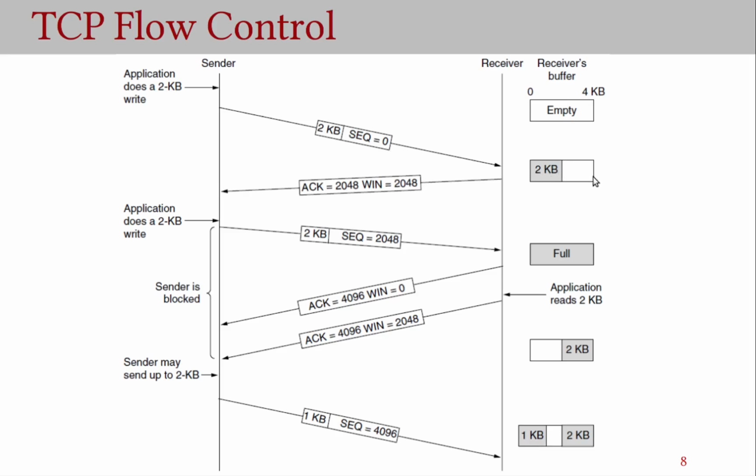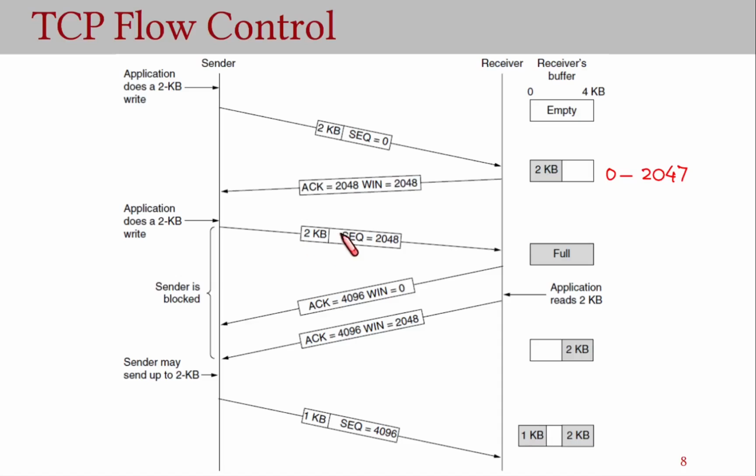So another 2 kilobytes remain, and the bytes that the receiver has received are bytes starting from 0 to 2047, and therefore it's going to put 2048 in the acknowledgement, and it's going to advertise a window size of 2048, because that's the amount of buffer space that's available.